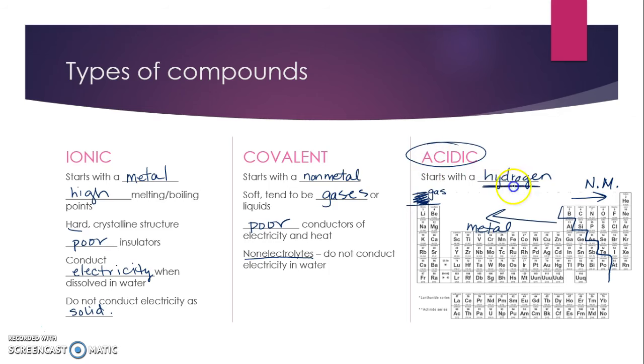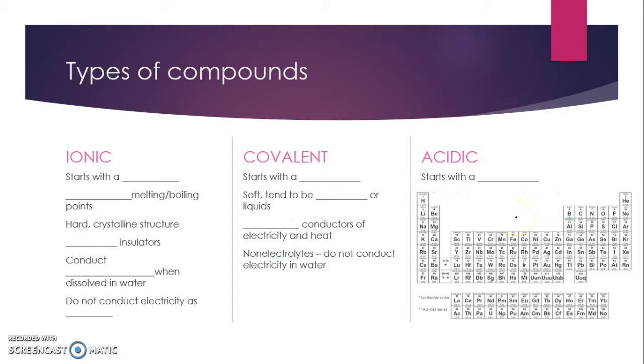Just know that an acid starts with hydrogen, which means that in the formula, it has a hydrogen listed first. In carbon monoxide, it has a nonmetal listed first, and in the ionic, let's say sodium chloride, it has a metal listed first, and we know by its placement on the periodic table.